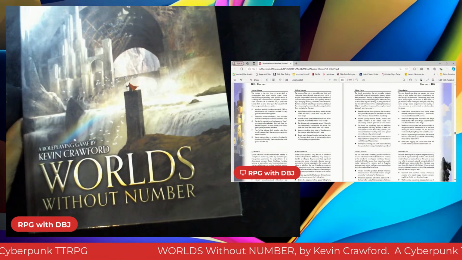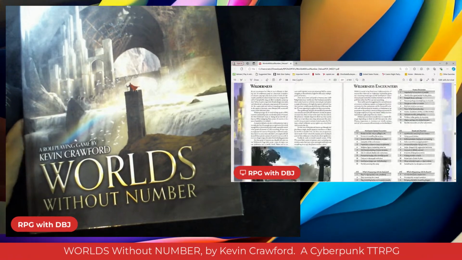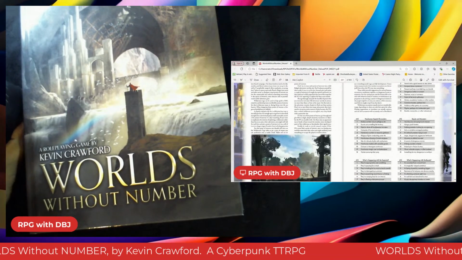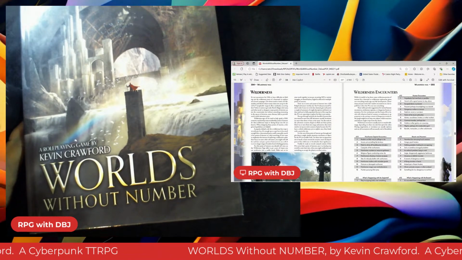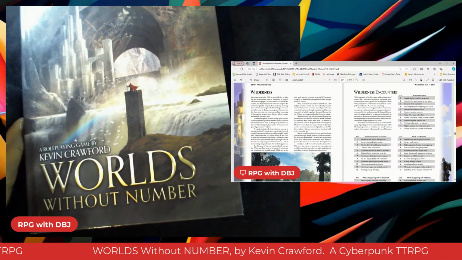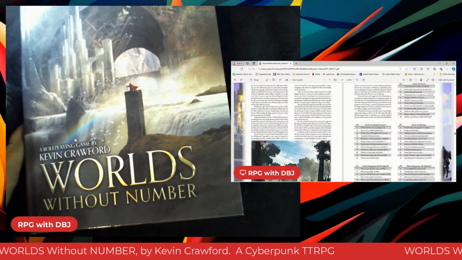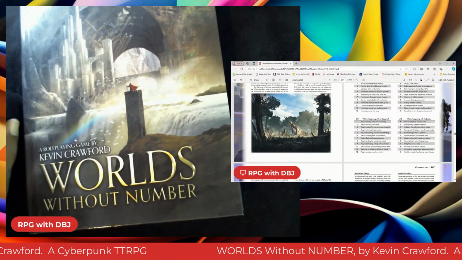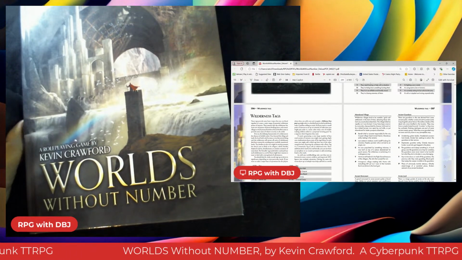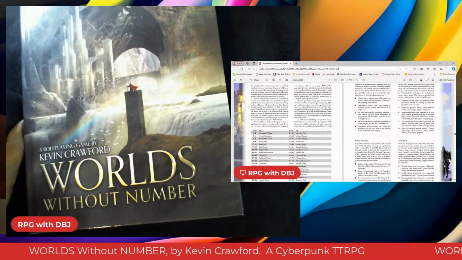All of these wilderness encounters. You got to have your wilderness and exploration, and details about that. Non-human sapient encounters, human encounters, beasts and monsters out in the wilderness, of course. What's happening with the beasts? What's happening with the sapients? Wilderness tags, and a whole bunch of these wilderness tags as well.